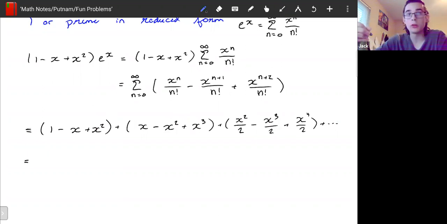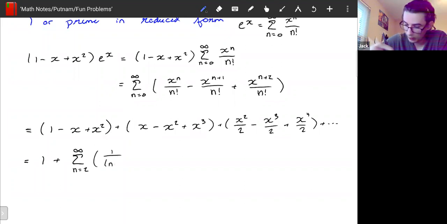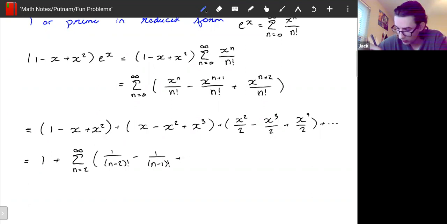So this is just going to reduce down to 1 plus the sum from n equals 2 to infinity of 1 over n minus 2 factorial minus 1 over n minus 1 factorial plus 1 over n factorial times x to the n, right?